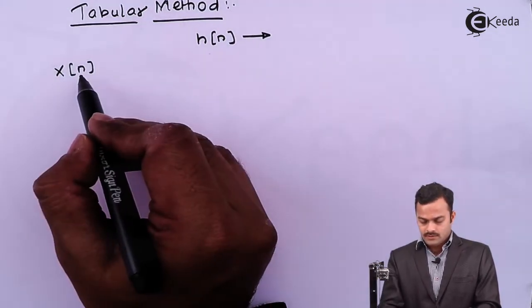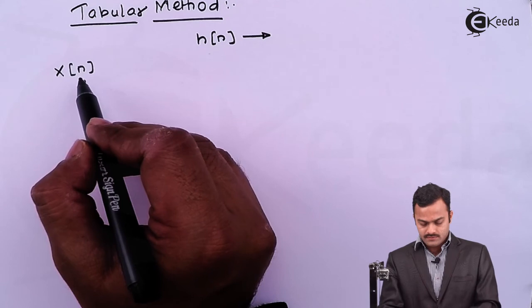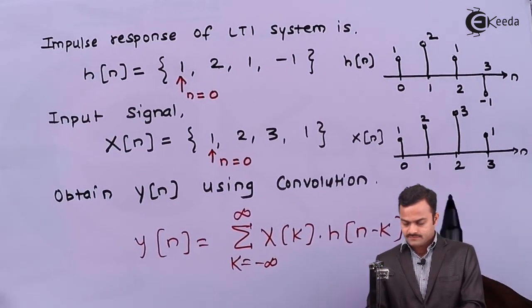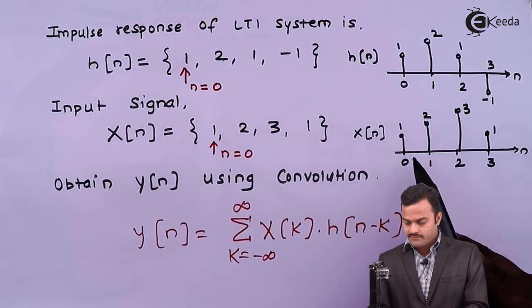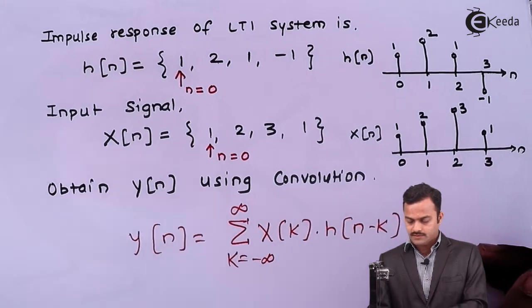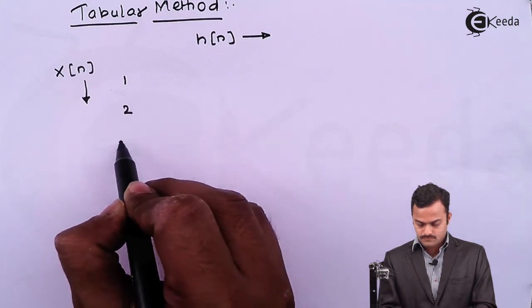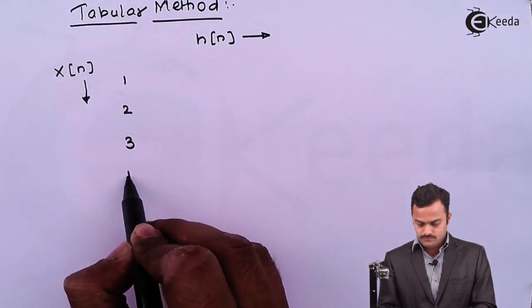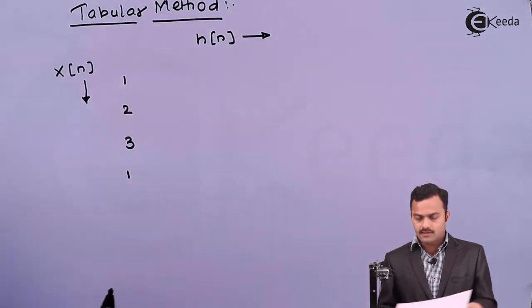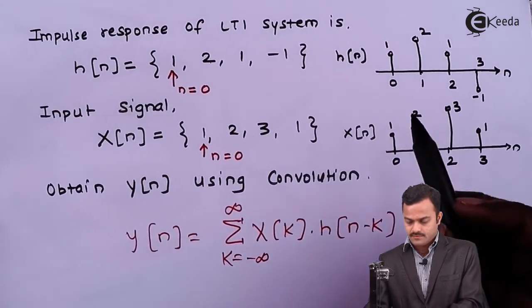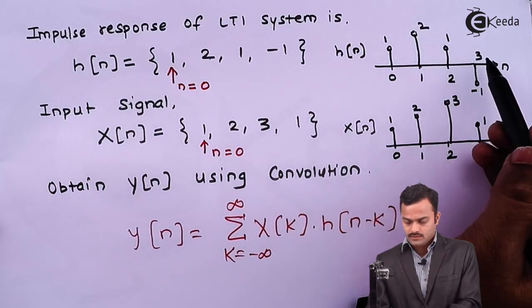So I will write here the sample points given for x of n. It is starting from 0 and has the values 1, 2, 3 and 1, and h of n, the impulse response of a system, has values 1, 2, 1 and -1.